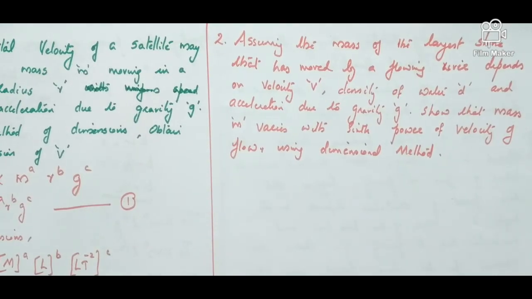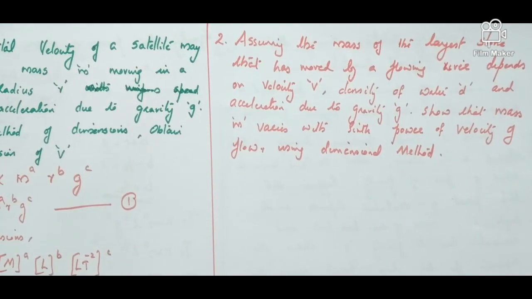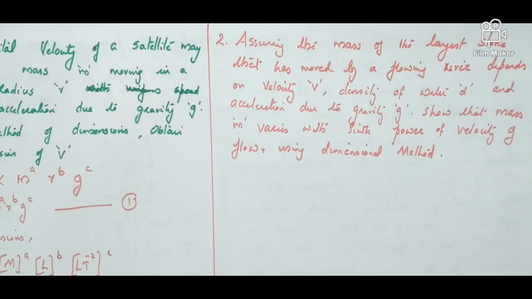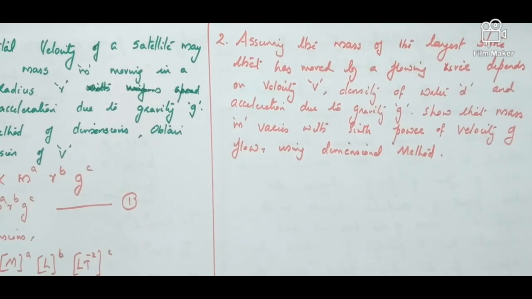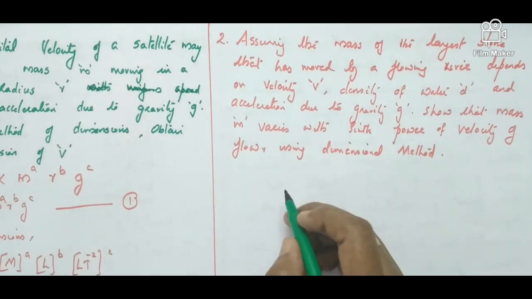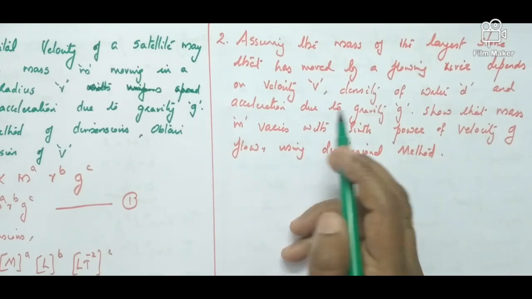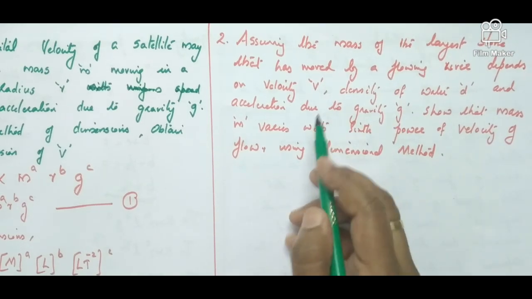Now another question. Assuming the mass of the largest stone that can be moved by a flowing river depends on velocity v, density of water d, and acceleration due to gravity g. Show that mass m varies with the sixth power of velocity of flow using the dimensional method. So mass depends on velocity, density of water and acceleration due to gravity.